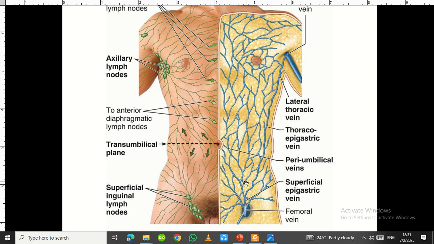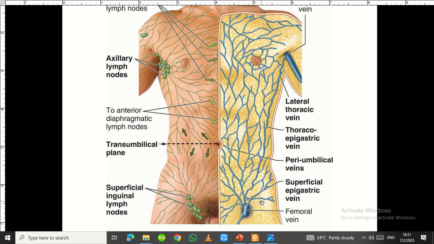And then we also have those superficial epigastric, those superficial arteries we spoke of, which were branches of the femoral artery. They're also accompanied by veins, and these veins will be draining into what's called the greater saphenous vein and drain themselves into the femoral vein, right?